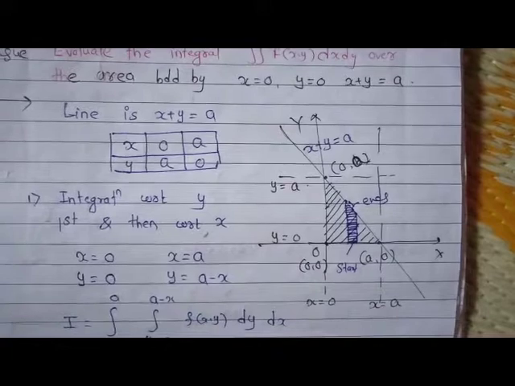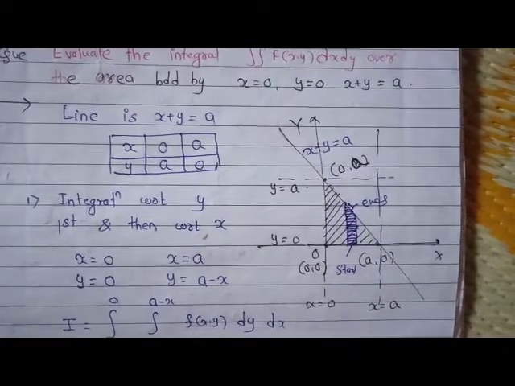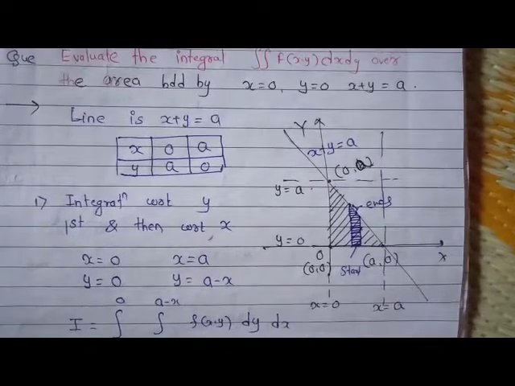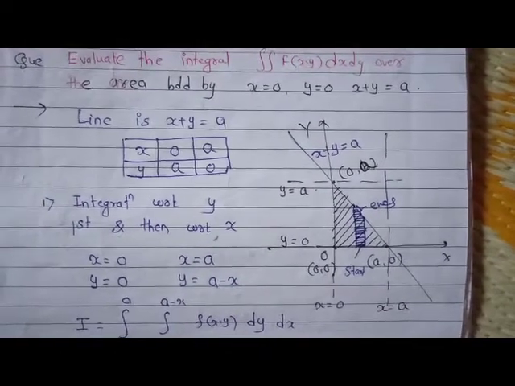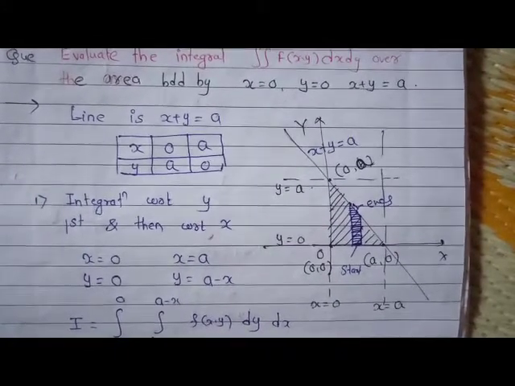Okay, so the x axis is y equal to 0, the y axis is x equal to 0, and the line passes through the point (a, 0) on the x axis and (0, a) on the y axis. Join the 2 points to get the straight line x plus y equal to a.